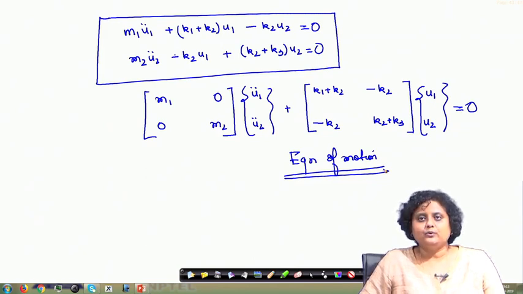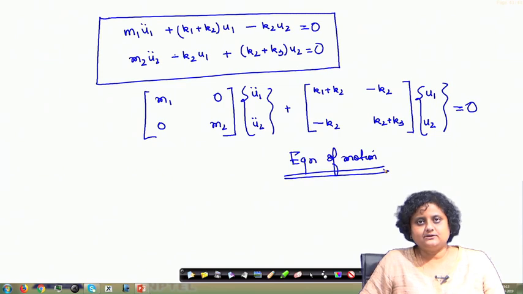So, we can derive the same equation of motion by using the energies instead of the force balance that we have done so far. I hope this has been able to clarify the understanding of the Euler-Lagrange equation.